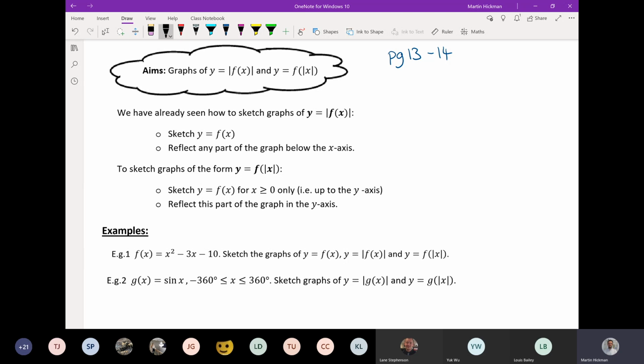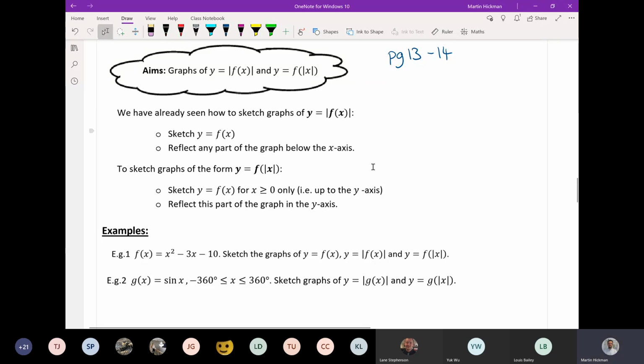What we're going to look at now is y = f of the modulus of x, which is different. With our first example, we were working out the value, but then we took the modulus of the whole thing. Now we're taking the modulus of x and then working it out. So you're going to get different results.